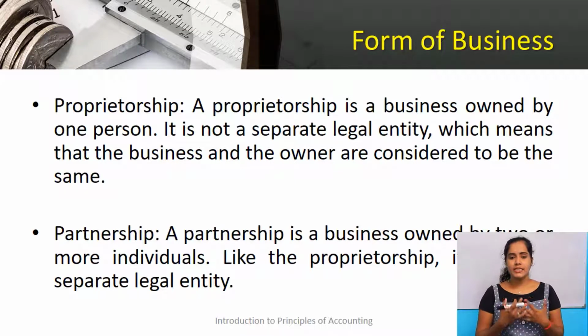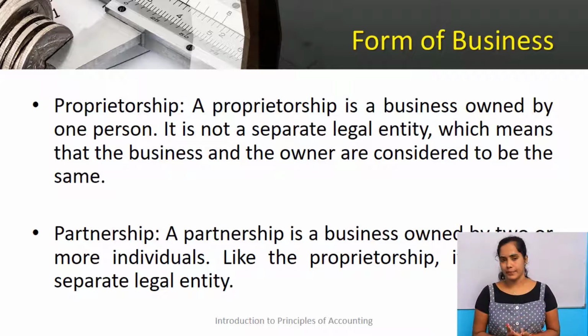In this kind of business, one person can invest from his own and he can lend money from the banks or other sources, for example, lend money from the banks and his friends and relatives and invest them together in a business. In this kind of business, there is no separate legal entity, which means the owner and the business will be considered to be the same.